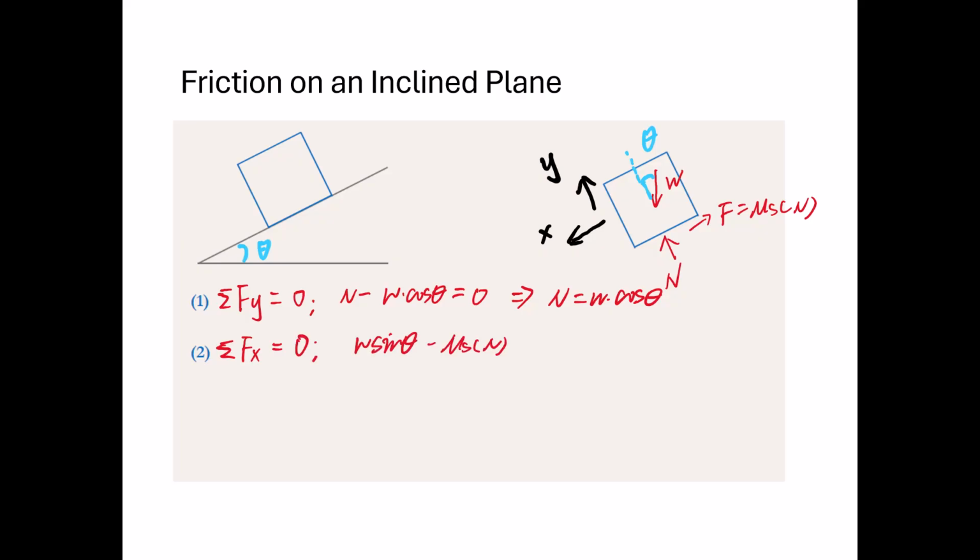And we get W sine theta minus mu s times W cosine theta equals 0. Solving for mu s, it will be W sine theta over W cosine theta, which is our tangent theta.